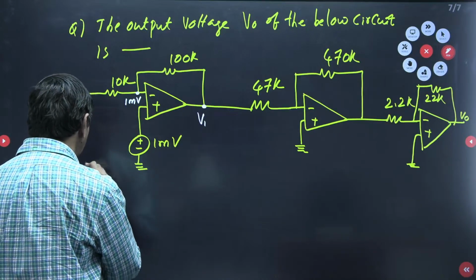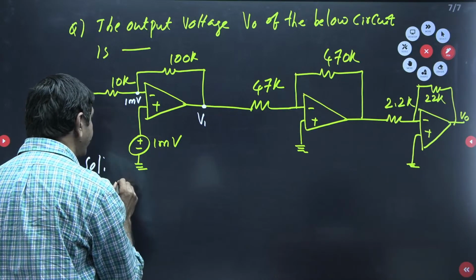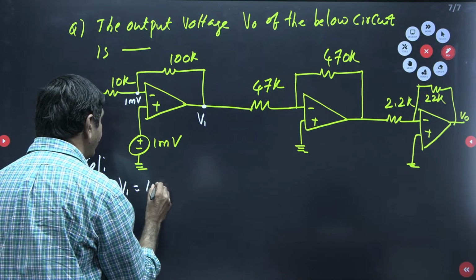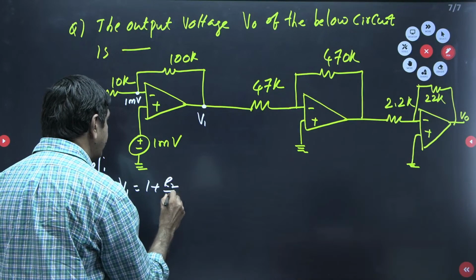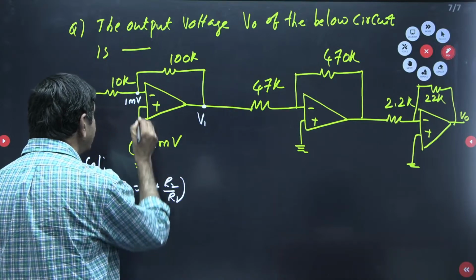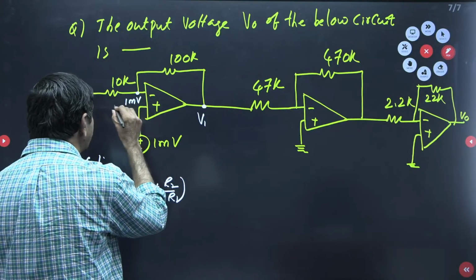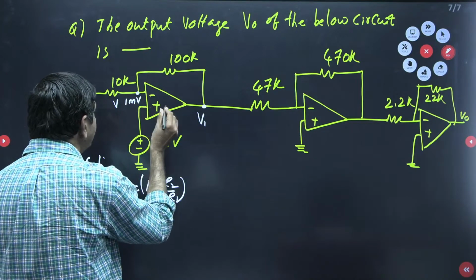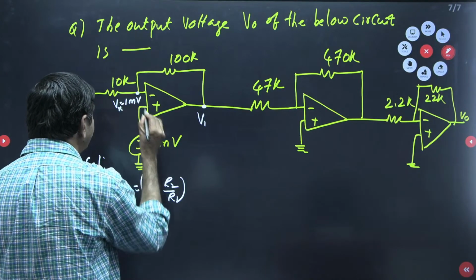From the non-inverting operational amplifier, you know very well, V1 equals what? 1 plus R2 by R1 times this voltage only. This voltage we can assume Vx.